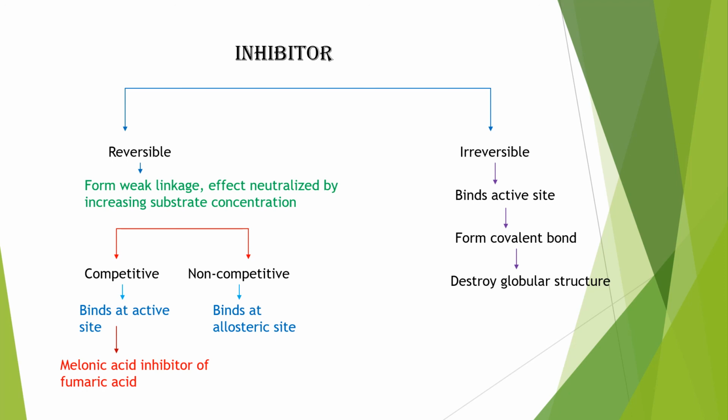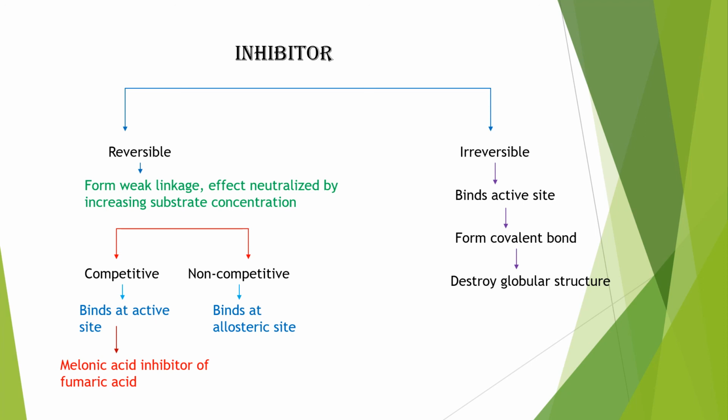Reversible inhibitors are those inhibitors that can be reversed. They form weak linkages with the enzyme's active site, and their effect can be neutralized or reversed by increasing the substrate concentration. Now, reversible inhibitors are of two types, competitive and non-competitive.